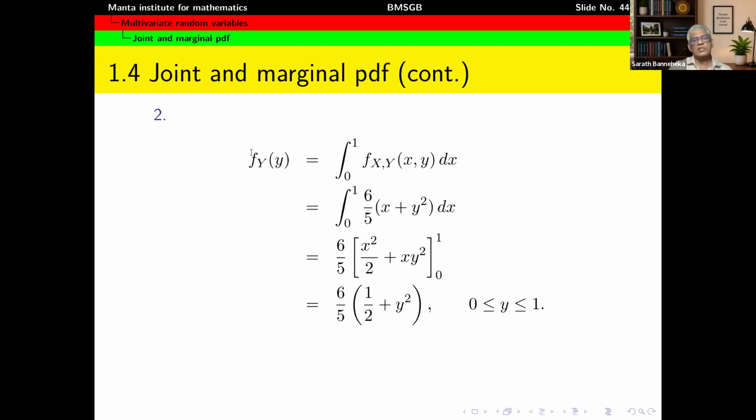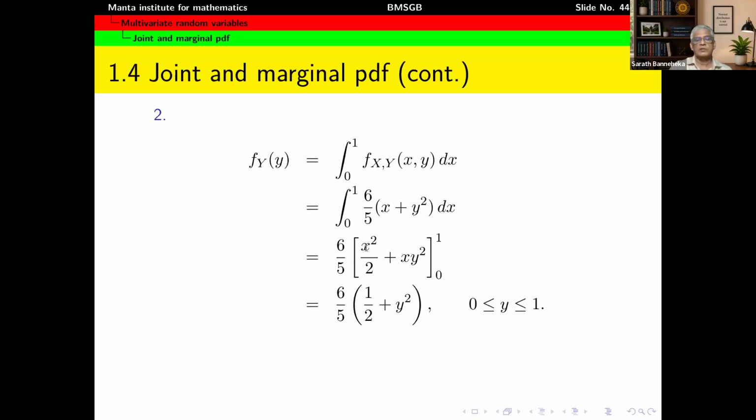In order to get the marginal density function of y, of course, again, you have to integrate the joint density function with respect to x from 0 to 1. But now, because you are integrating with respect to x, y squared will be considered a fixed value. You have to integrate x, so x squared over 2 will come, and then x y squared like this, and then you put the limits for x, right? You put the limits for x, not for y.